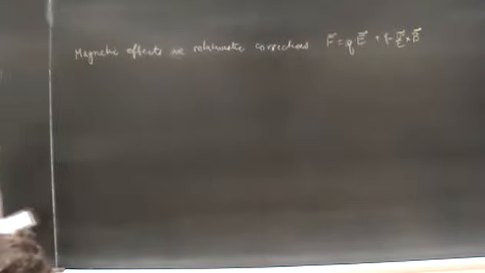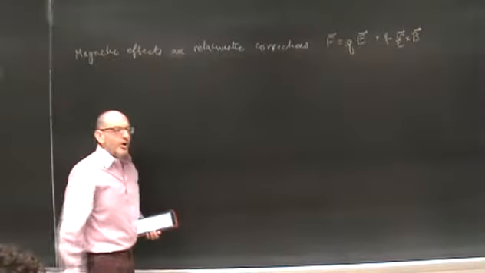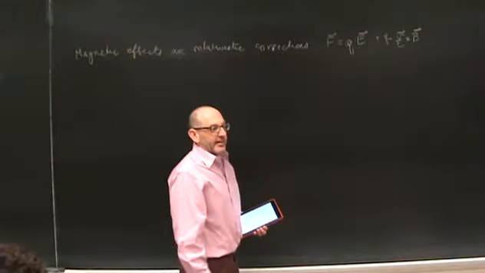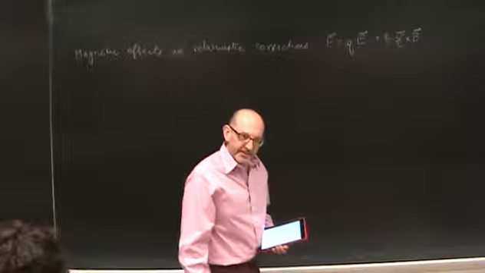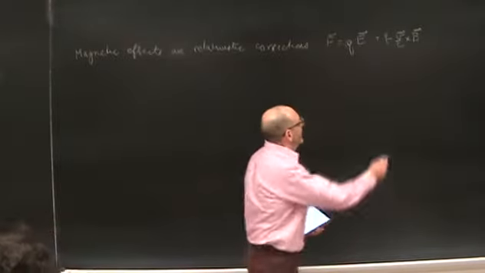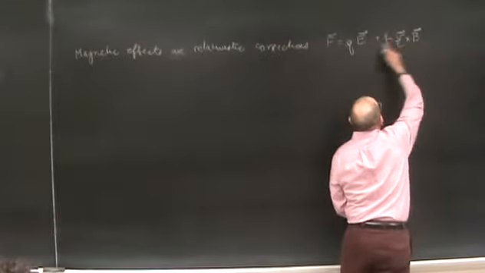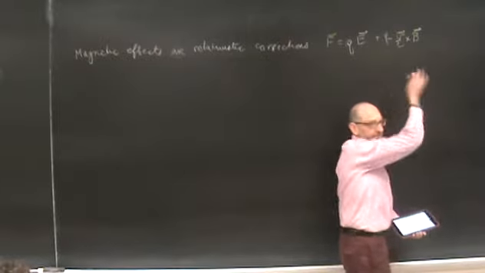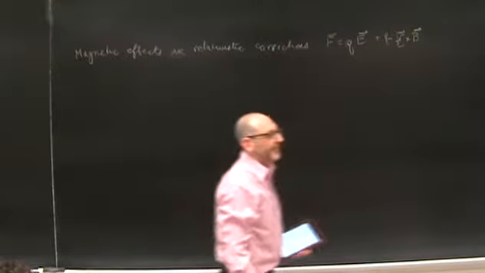Say in an electromagnetic field where E and B have the same magnitude in CGS units. In SI units, of course, B is E over c.